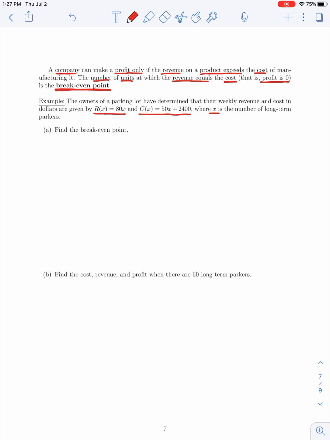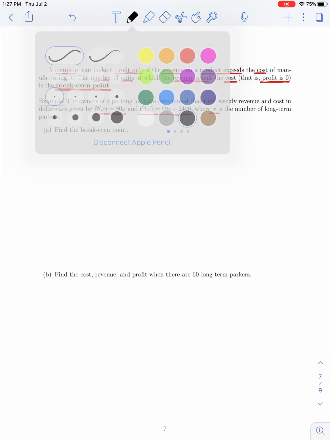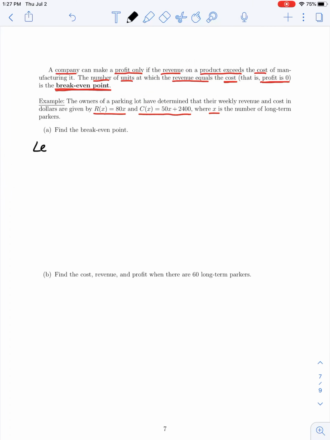In part A, we are asked to find the break-even point. The break-even point is found by letting cost equal revenue. Here, our cost was 50x plus 2400. We're setting that equal to our revenue, which was given as 80x, and now we want to solve for x.